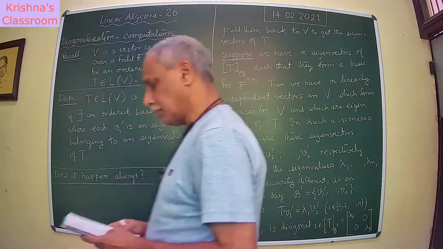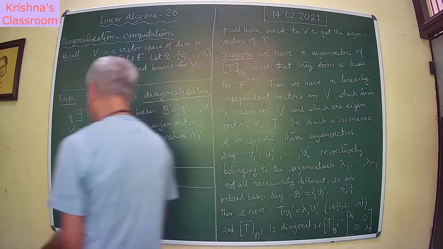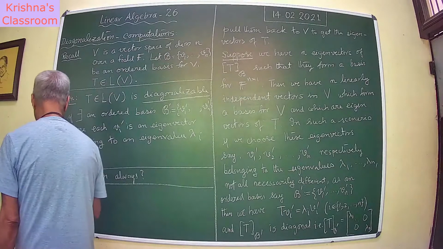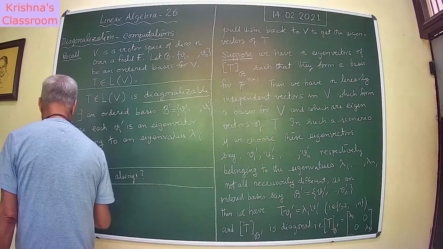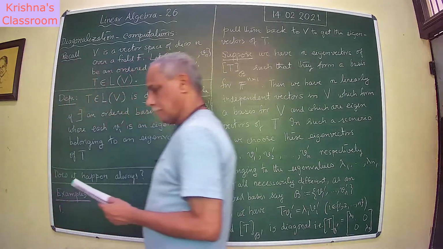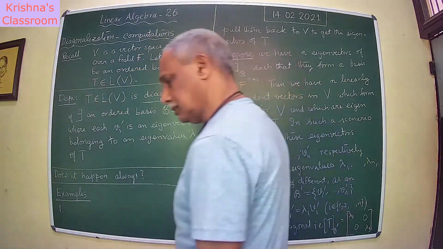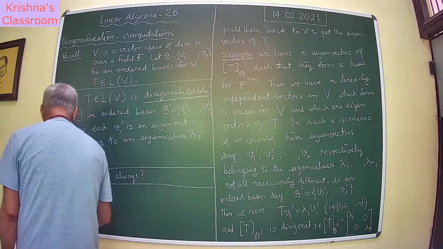Let's consider the following examples. The first one, we take the simplest possible scenario, we take V itself to be R2.